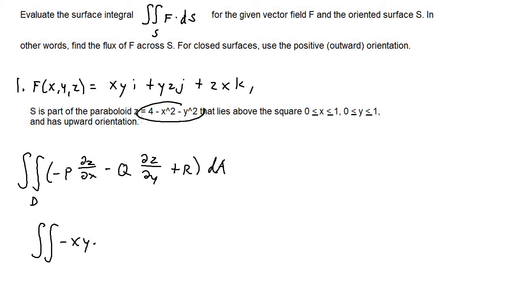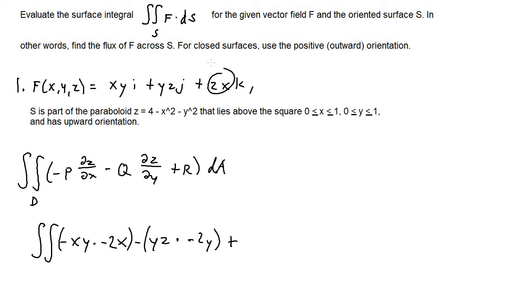So we take the partial derivative of 4 minus x squared minus y squared with respect to x, and we get negative 2x. And then we have minus Q. Now Q is the y component of the vector field, y times z, times the partial derivative of z with respect to y. So that's going to be negative 2y. And then we have plus R, and R is going to be z times x.